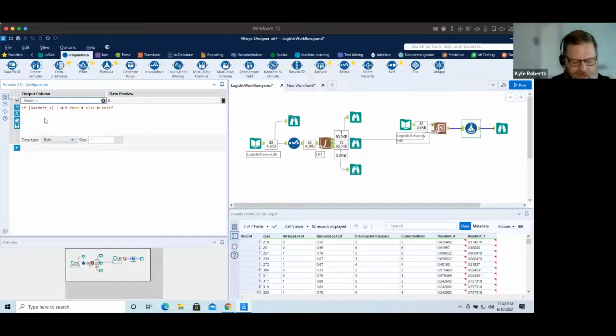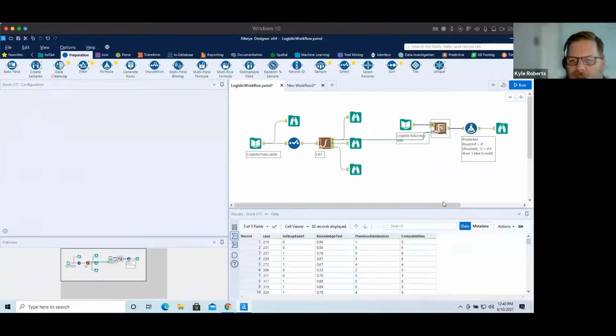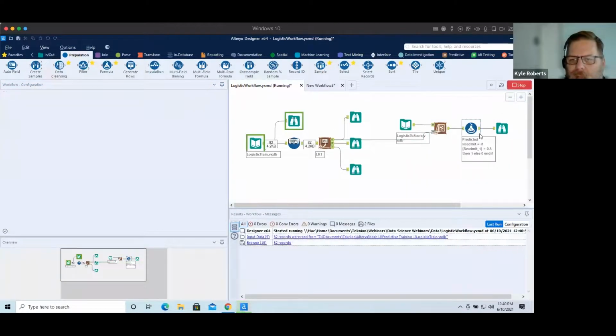I'm going to call it predicted readmit, because I want people to know afterwards that this is predicted readmit. If that probability is greater than 0.5, then I'm going to say this person is likely to come back. But if it's not, then I'm going to put a 0 in there. Let me cache from here and work forward because we're going to play around with that for just a little bit.